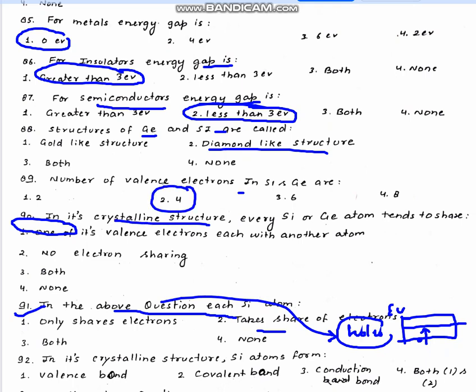Next is, in its crystalline structure, every silicon or germanium atom tends to share one of its valence electrons, making a total of 4 covalent bonds so as to complete the octet. Next is, in the above question, does the silicon atom only share electrons or take a share of electrons? So it's partial, as in covalent bond, it's partial sharing of electrons. So both will be correct over here.